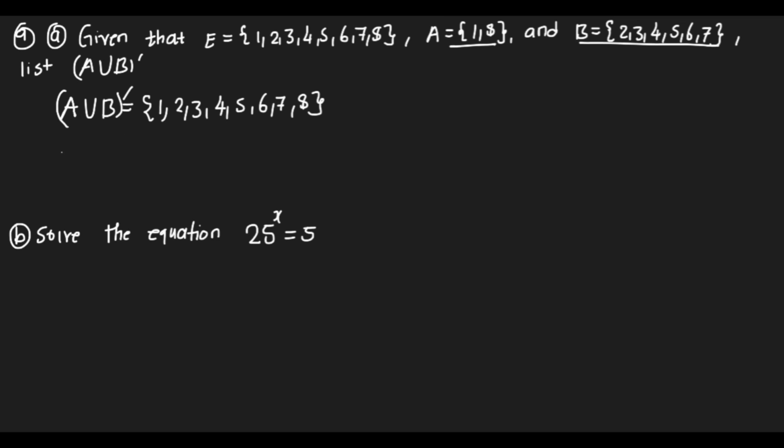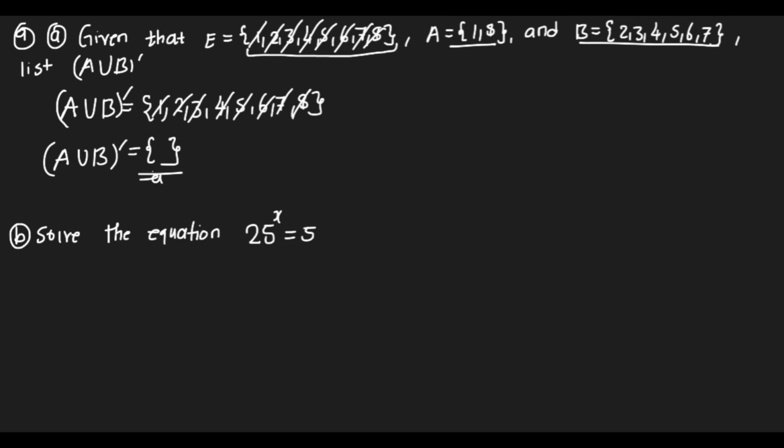So for us to find the complement, we need to cancel every element found in A union B. So 1, then we cancel 2, 3, 4, 5, 6, 7, 8. So we can see that under the universal set, there are no elements remaining. So our final answer is just the empty set.